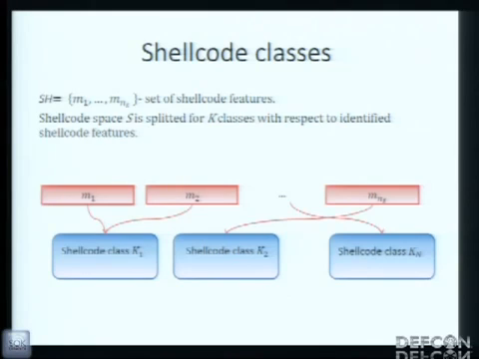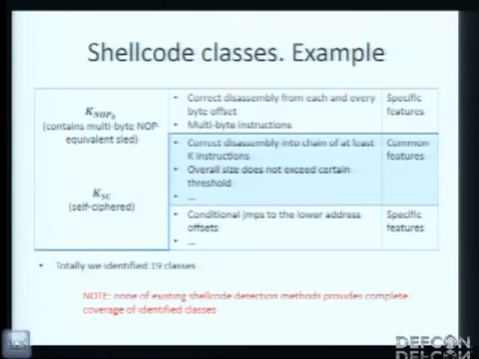So given such a set of shellcode features, we can divide shellcode space into several classes, in such a way that one class can include one or even more shellcode features. Here's an example of what I said in the previous slide. We could name such specific features as, for example, correct disassembly from each and every byte of a set, or existence of multi-byte instructions.